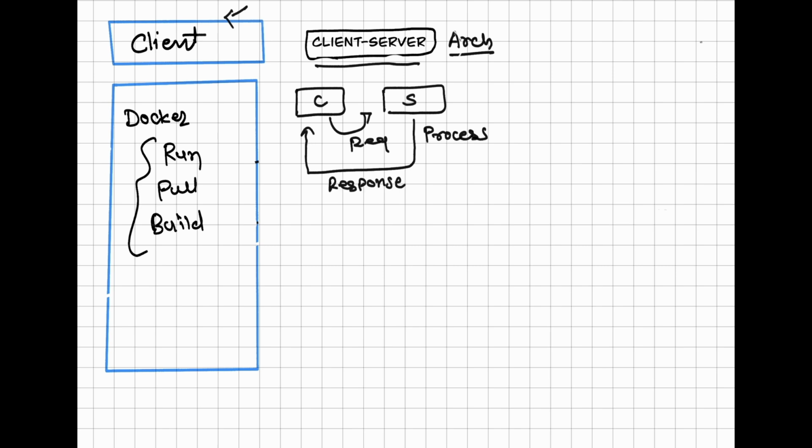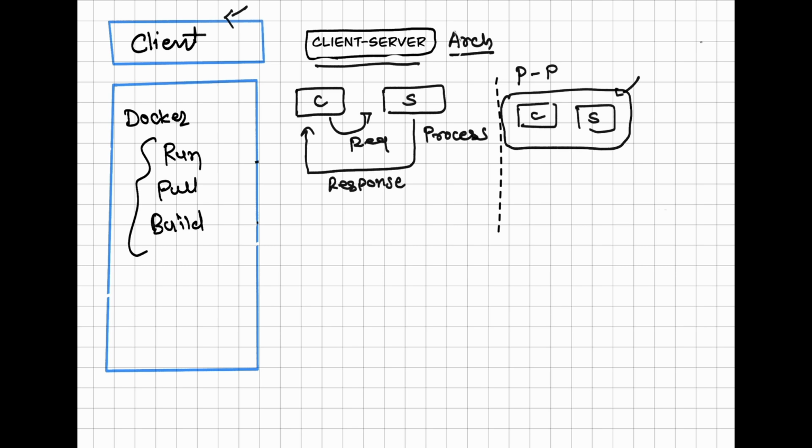There are other architectures as well, like P2P, which is peer to peer architecture, where both client and server stay on a single node or a single server and communicate with each other. Plus, it is used for torrents basically, and we have seen P2P in most of the torrent websites.